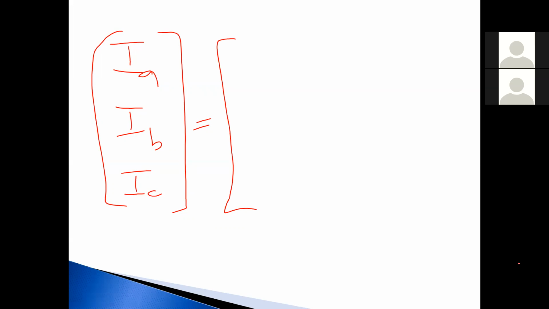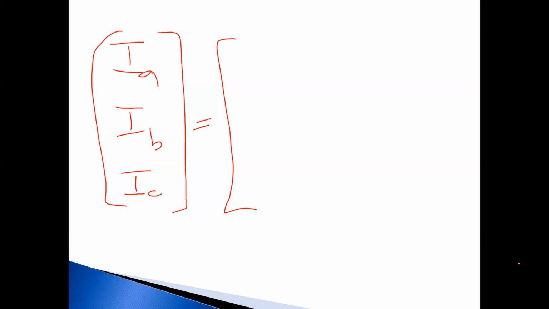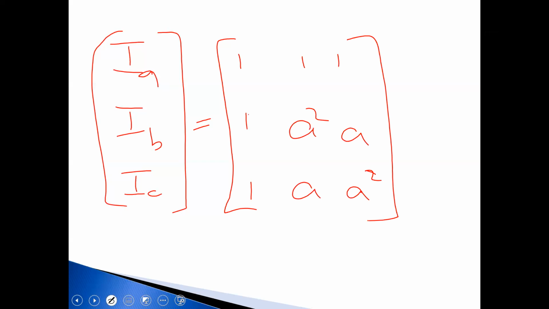Sir, it would be 1, 1, 1, 1, a squared, a, and 1, a, a squared, times I0, I1, I2.